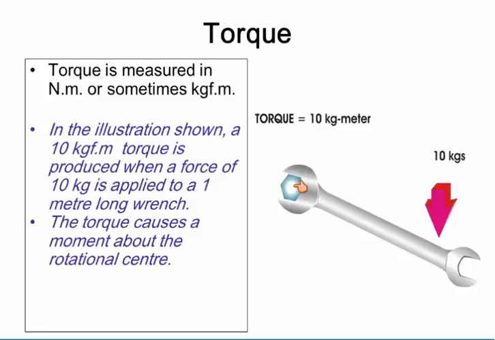In this case, if I've got a 1 meter long spanner and I apply 10 kilograms of force to the end of that spanner, that gives me 10 kilogram meters of torque. That means 10 kilogram meters of rotational energy at the center point here. So torque is designed to cause rotation around a central point. And its units are kilogram meters.